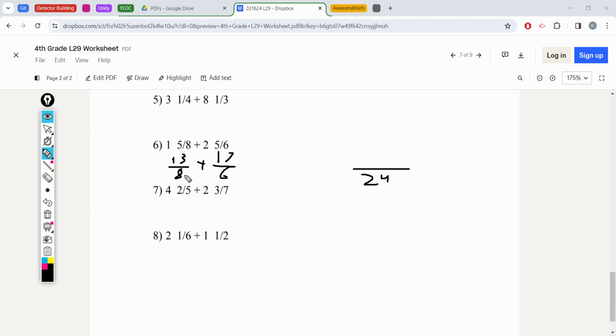So you only need to multiply 8 by 3 and this by 4, sorry. So 13 times 3 is 39, plus 17 times 4 is 68. You add these together, you get 107 over 24.